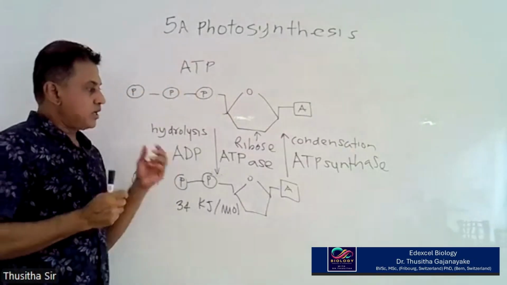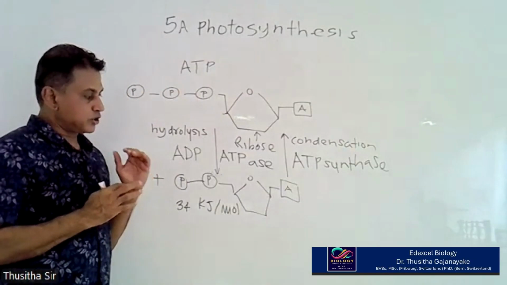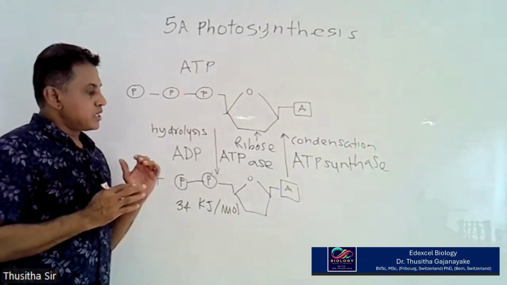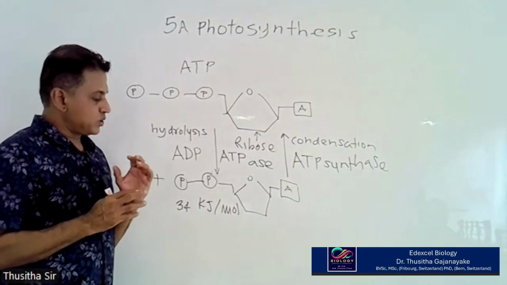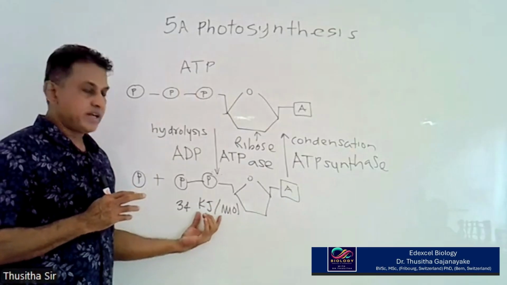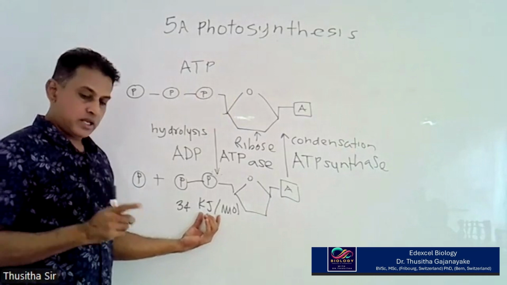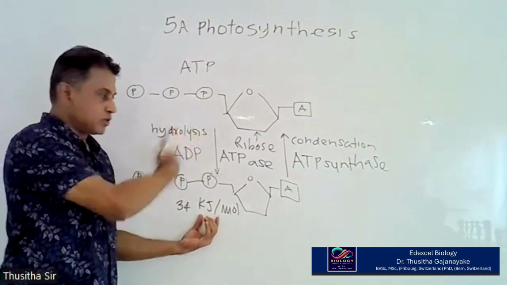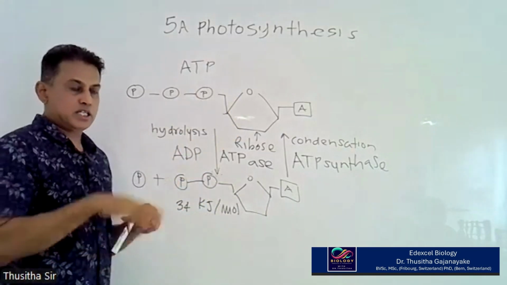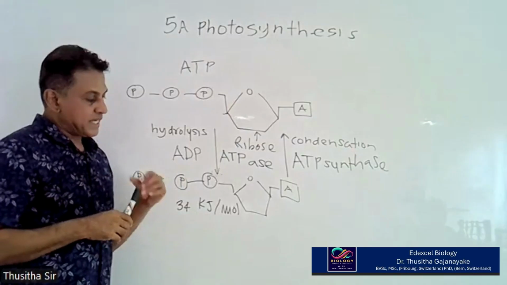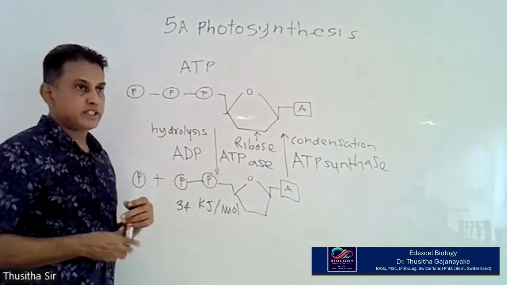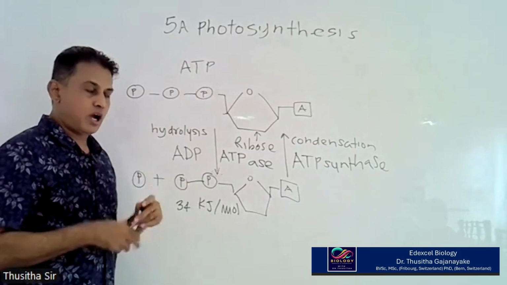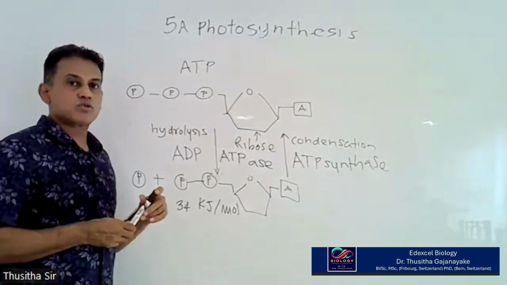So this is a very well established, strong reaction in the cells. That's why all organisms use ATP as an energy source, and it can yield a very high amount of energy. Not only that, it can recycle. So it can recycle and it's not running out. Cells can recycle it, and we're going to learn in unit 5, respiration, how cells produce ATP using glucose.